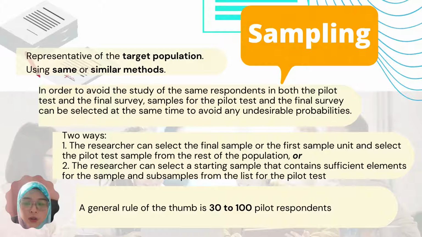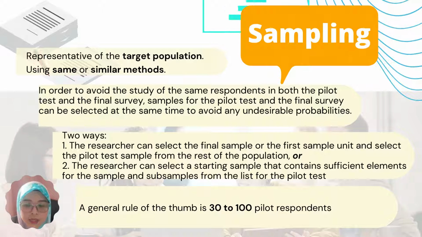In order to avoid studying the same respondents in both the pilot test and the final survey, the samples for the pilot test and the final survey can be selected at the same time to avoid any undesirable probabilities.